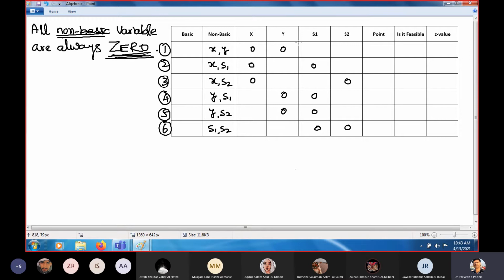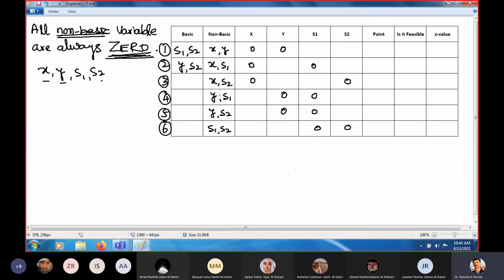Now, how many total variables? X, Y, S1, S2. If X and Y are non-basic, what are the basic variables? S1, S2. If X, S1 are the non-basic, Y, S2 are the basic.